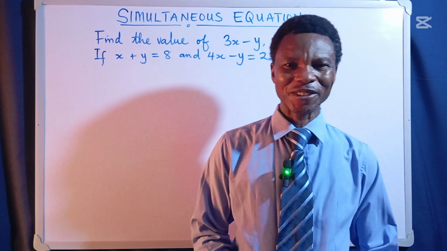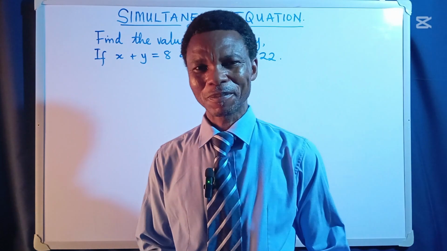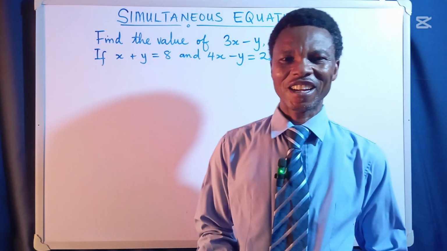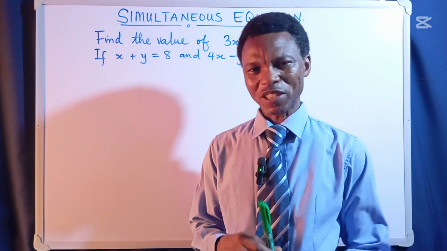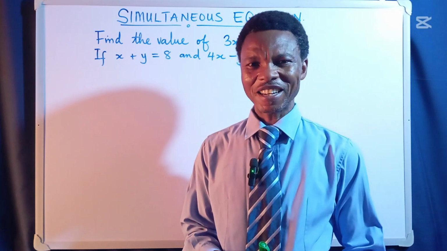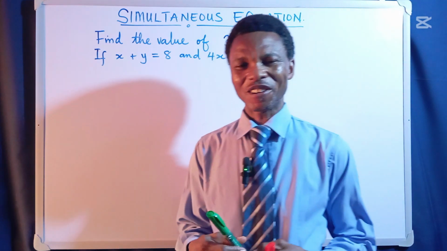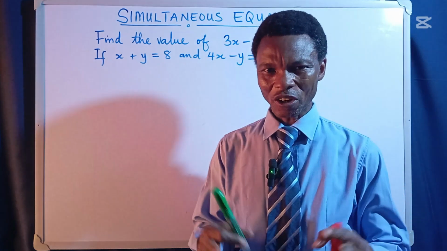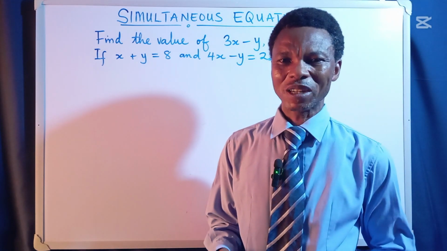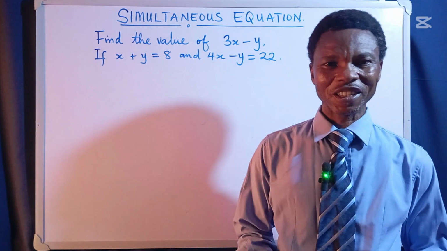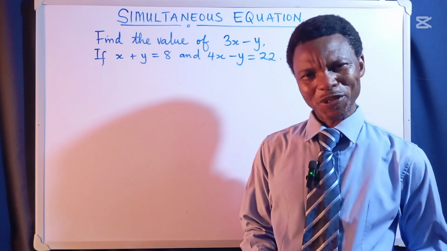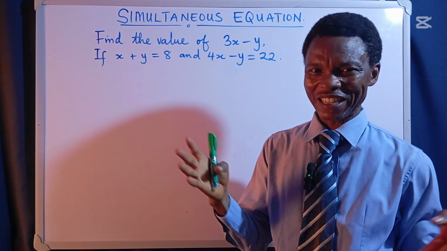I'm Orisheje Matthew. Today we'll be looking at equations, and an aspect of equation, and then we'll explore all different types of equation in algebra. But today we're going to look at simultaneous equation. How many of you have used the elimination method? I know there are different methods.